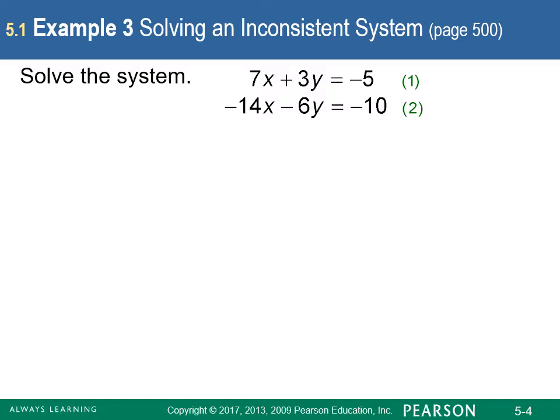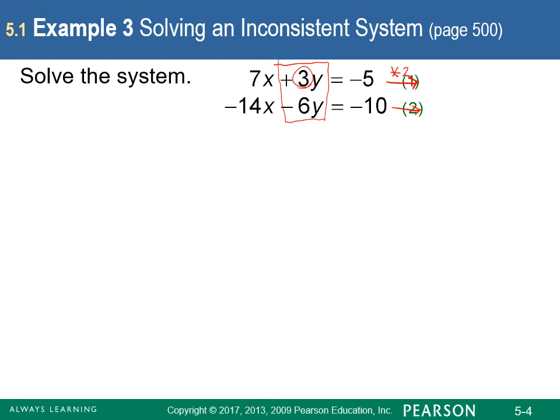So to do the elimination method, we're going to need to decide which variable we want to eliminate and multiply appropriately. So I'm looking at the y's, and I'm thinking, well, if I just multiply by 2, these will subtract out. So I'm going to write times 2 on this one.